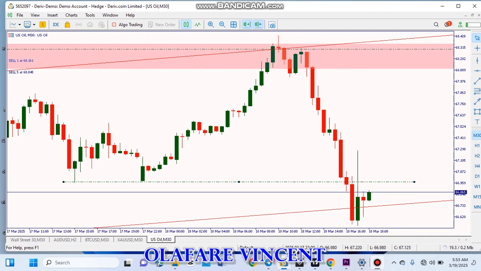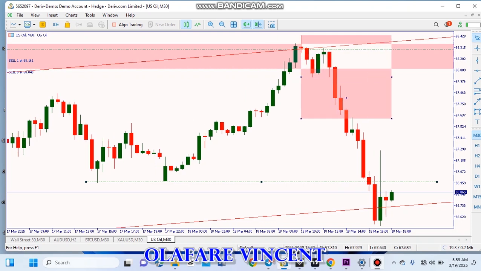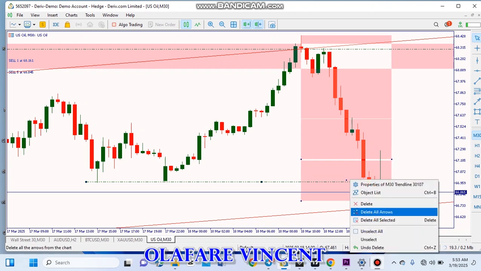For this exact move, I targeted 1:2 or 1:3. Currently here we are on 1:3.